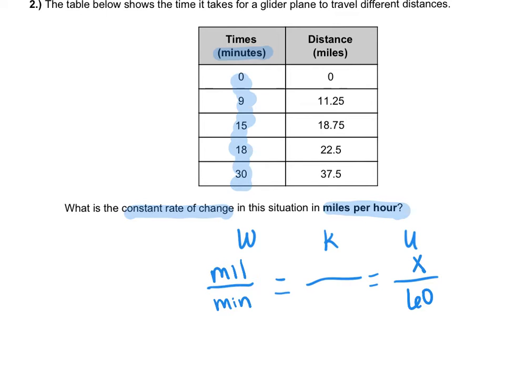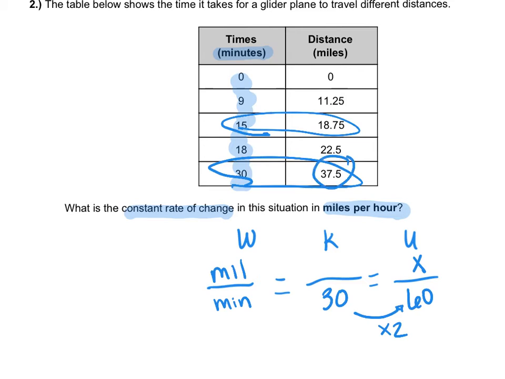Okay, I did it this way. So I went up here and I said, man, I wanted to get to 60. So which one would be the easiest? Well, this one would be okay because it's 15. 15 times 4 is 60. But this one looks way easier because it's 30 minutes. So if I put 30 minutes on the bottom, how do I get to 60? Well, that's times 2, right? So I'm going to put the distance on top, which is 37.5. And if I multiply that times 2, that's going to give me my answer.